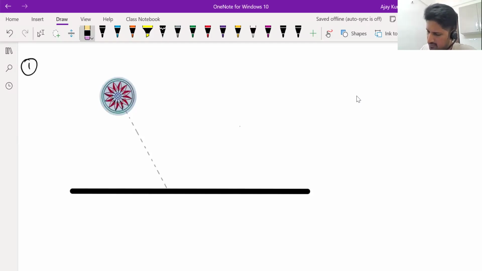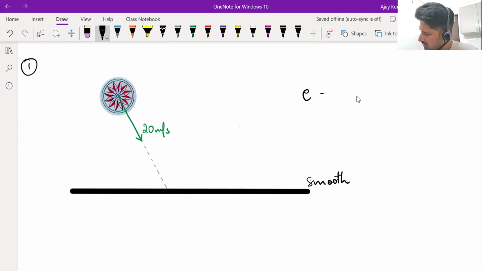And let's say it's moving with some 20 meter per second speed. It's a smooth surface. The edge of the carom board is smooth. Coefficient of restitution between the striker and the edge, let's say, take 0.5. Calculate the velocity of the striker after collision.